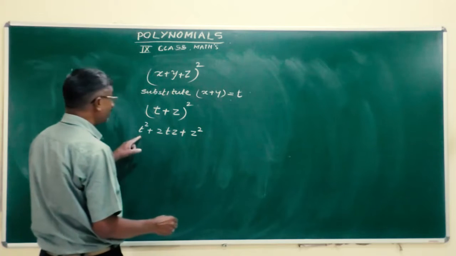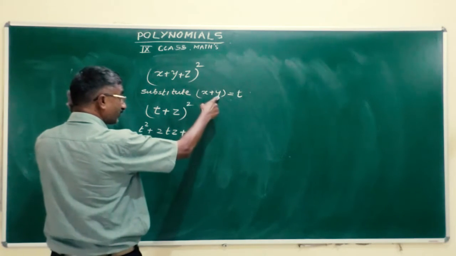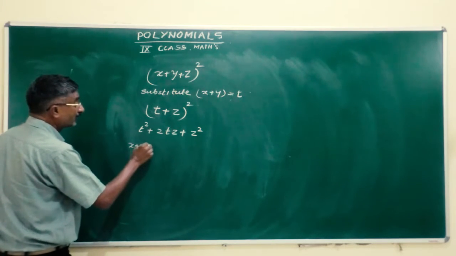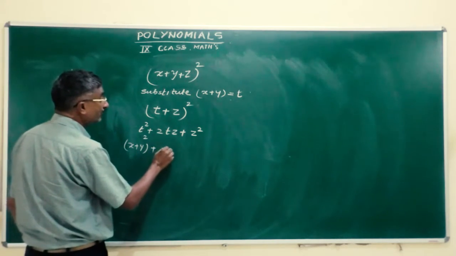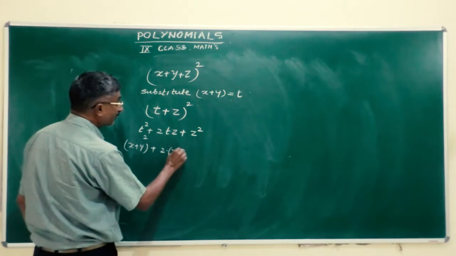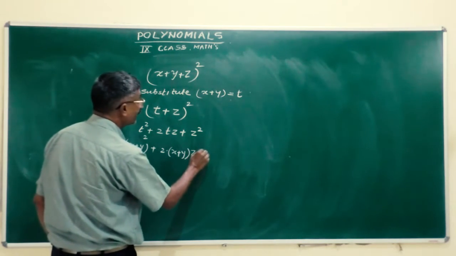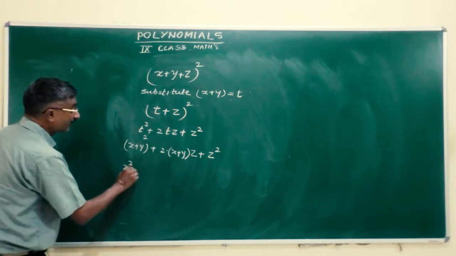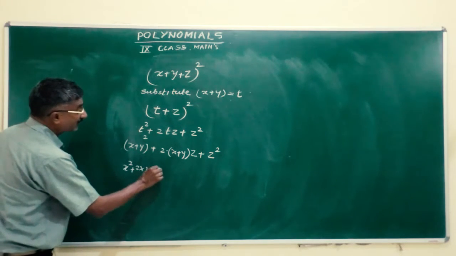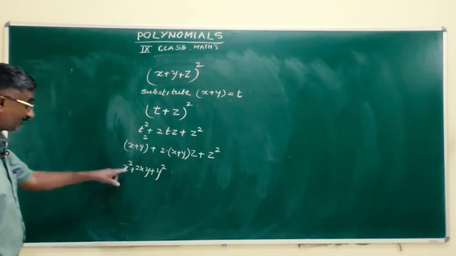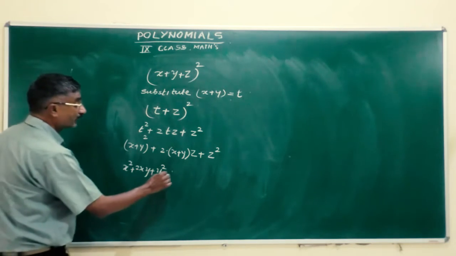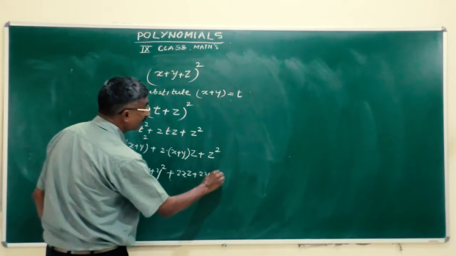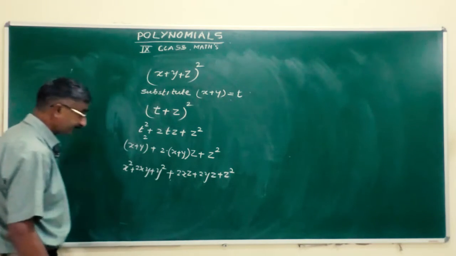Now here t square means x plus y whole square, substituting the value, plus 2 times the value of t, x plus y, into z, plus z square. So using the first identity, x square plus 2xy plus y square plus 2xz plus 2yz plus z square.